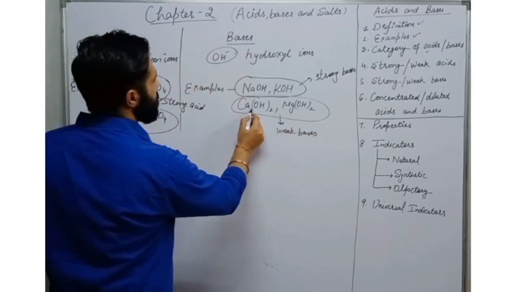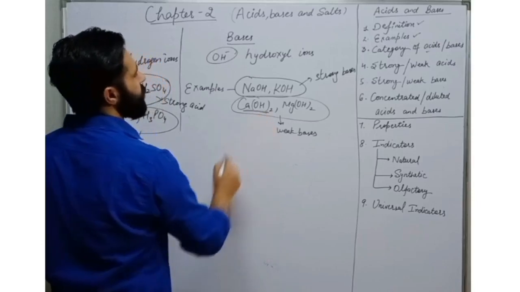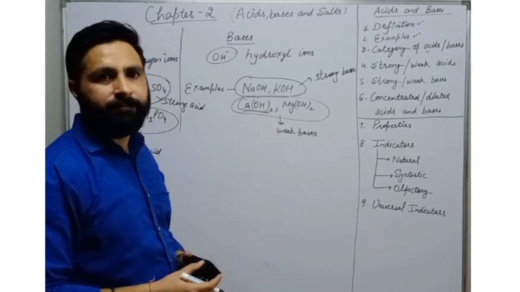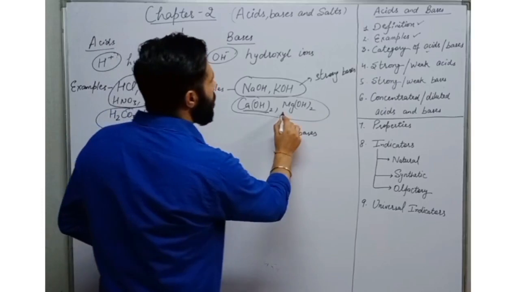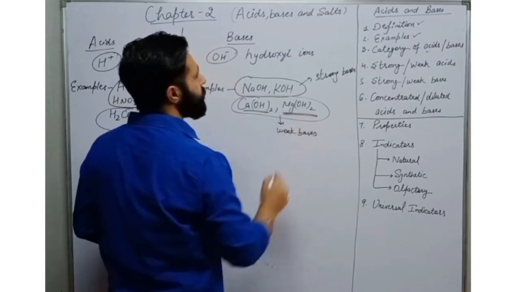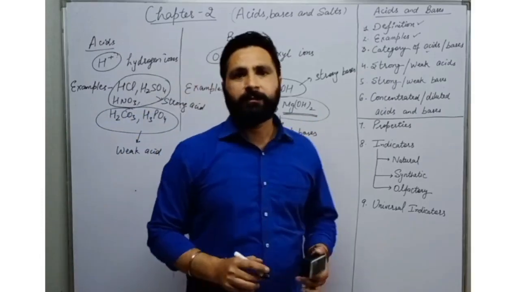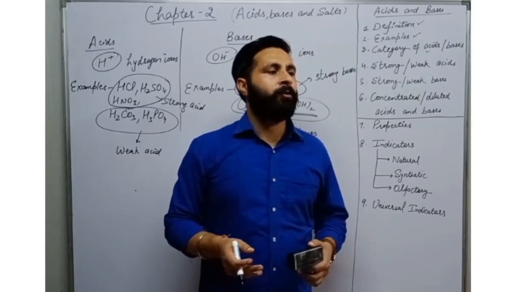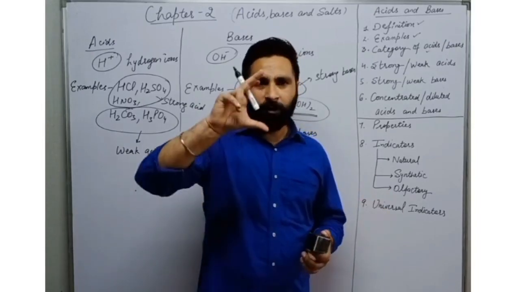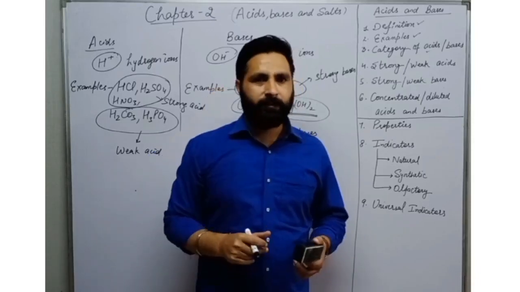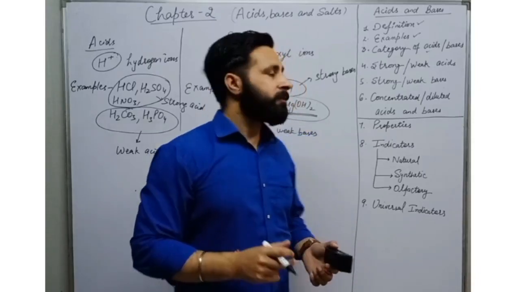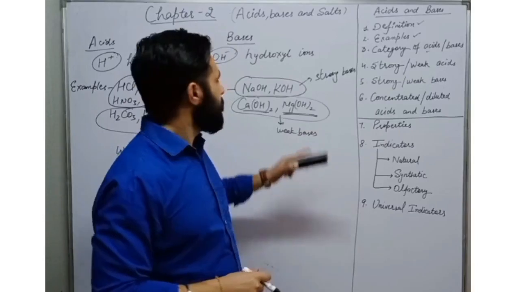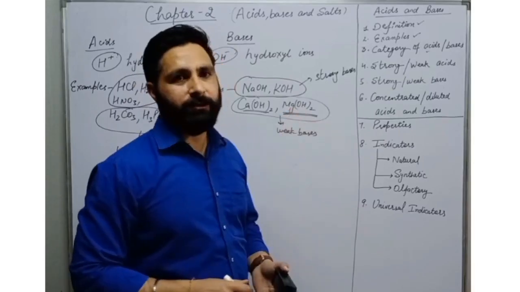You have learned this in chapter 1. This is slaked lime, and this is milk of magnesia, which is used as an antacid. When you are suffering from acidity, you go to the doctor, and he gives you a bottle which is pinkish in color. That is milk of magnesia, magnesium hydroxide.